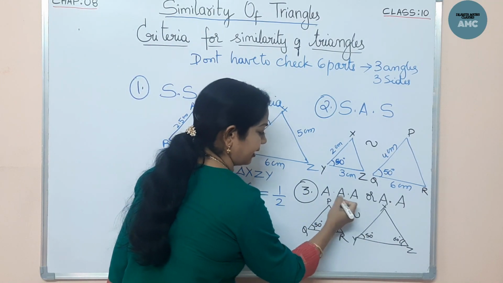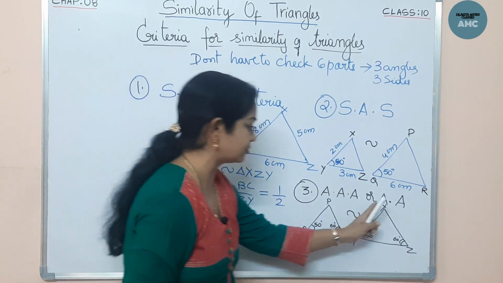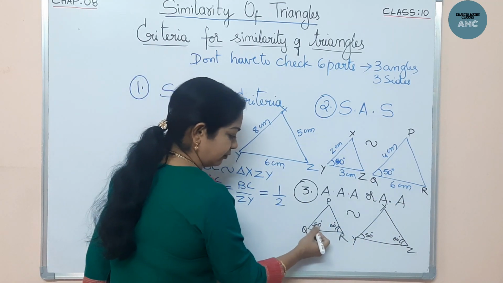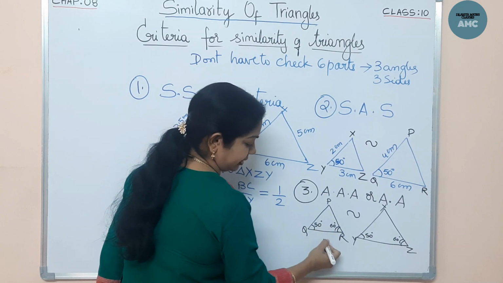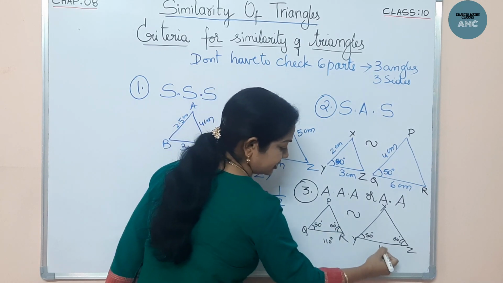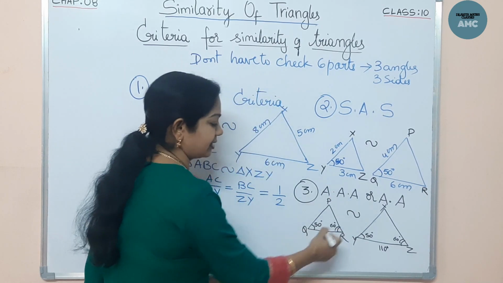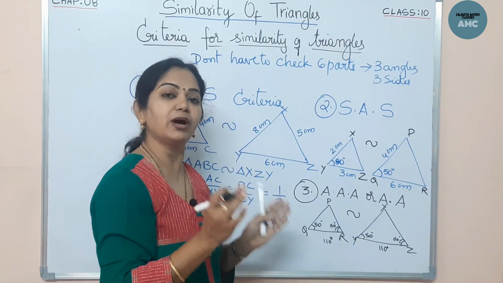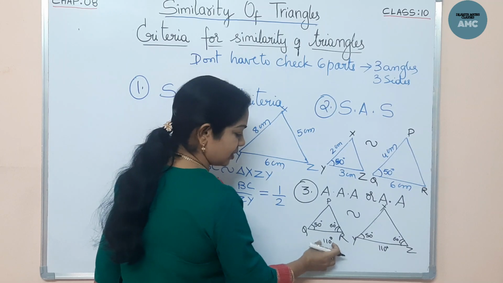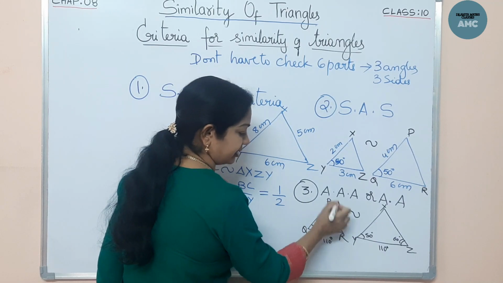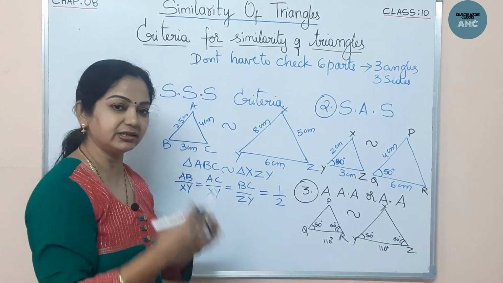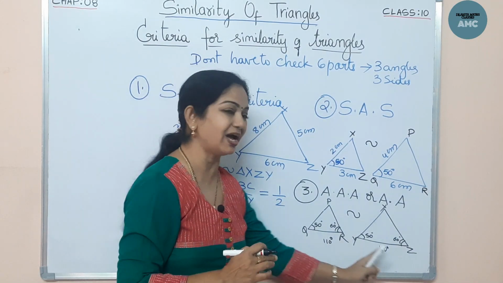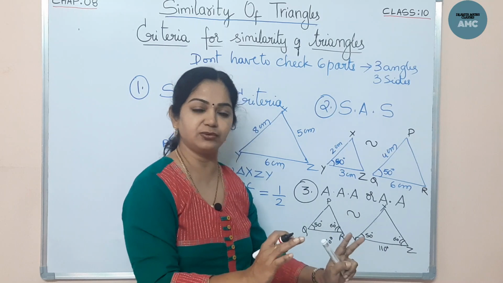Now why am I telling angle, angle, angle, three, when if you check only two angles, it's enough? Because if you sum up this, it comes to 110 degrees. Now if you sum up this, 110 degrees. And we know that the sum of all three angles in a triangle is equal to 180. So 180 minus 110, surely you will get 70. The third angle will obviously be equal. If two angles are equal, it's enough.